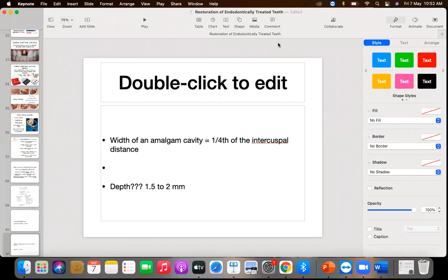Right? Yes, ma'am. And whenever we teach you amalgam, we definitely tell you the differences between an amalgam and an inlay cavity.